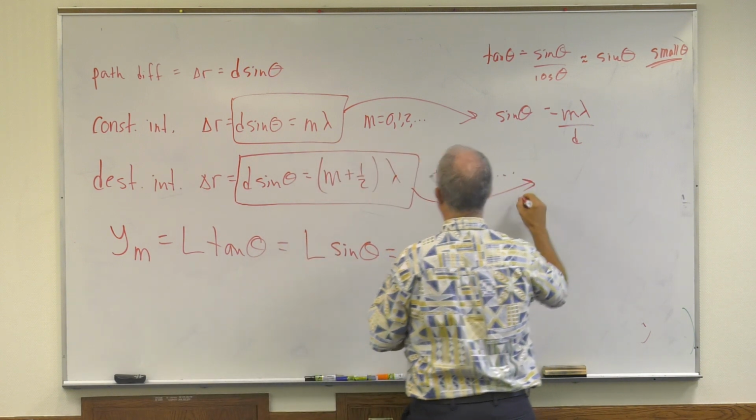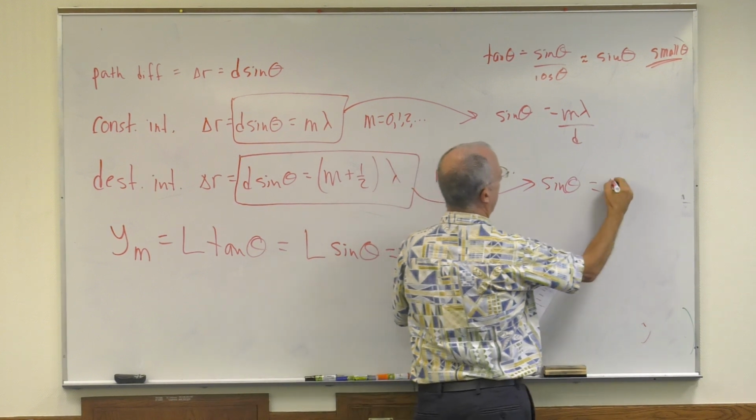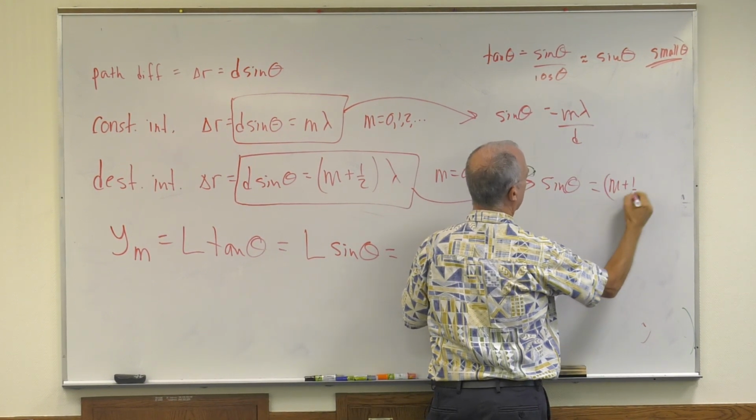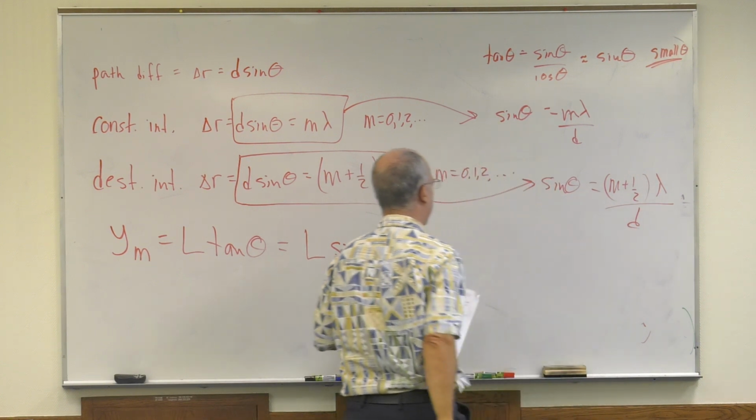Therefore, sine theta equals m plus a half, lambda over d.